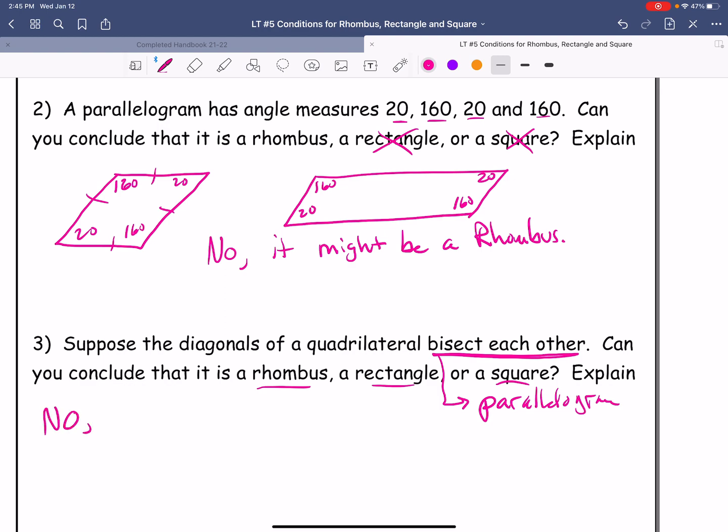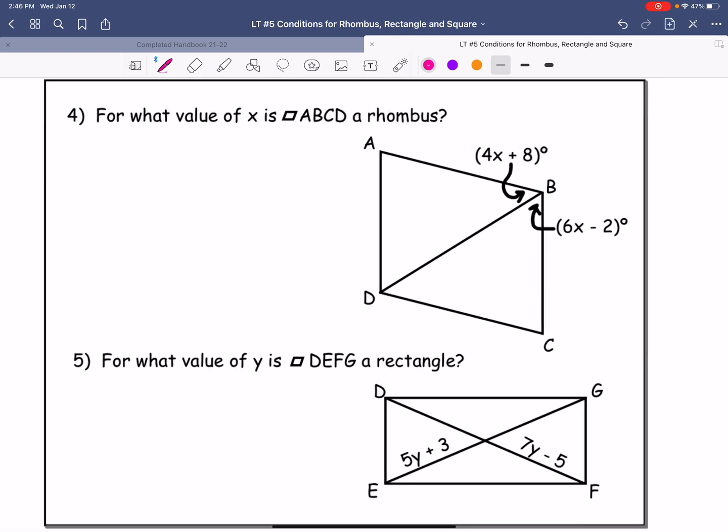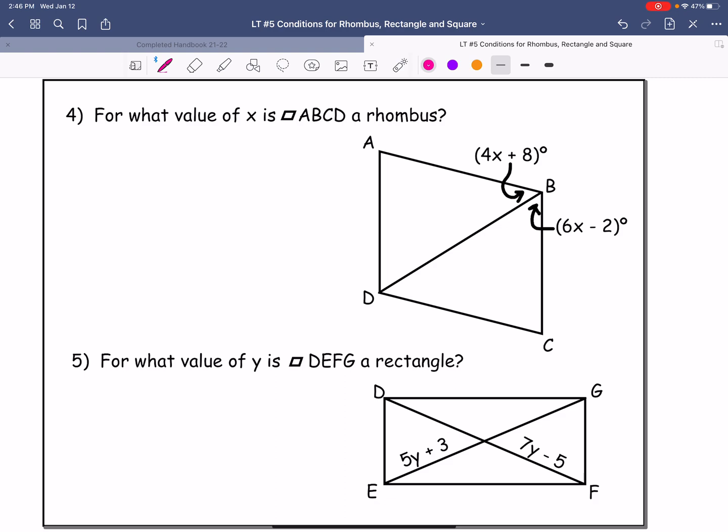No, because all parallelograms have diagonals that bisect. Okay, let's go to the next one. Pause this movie, try these two on your own, and then press play when you are finished.